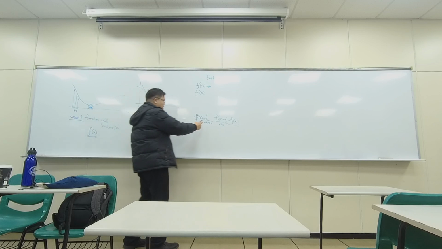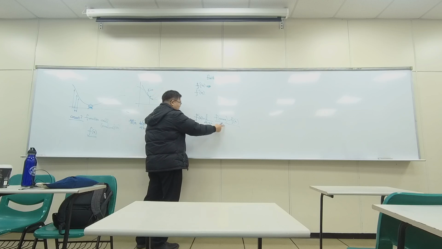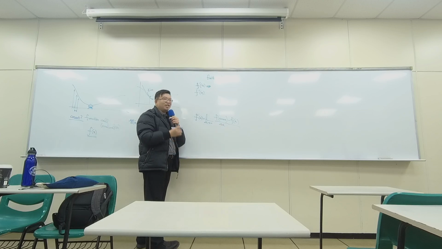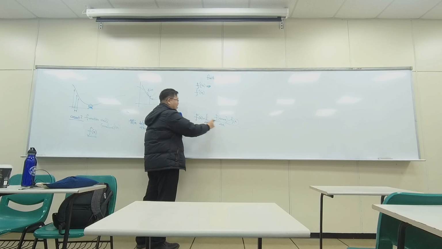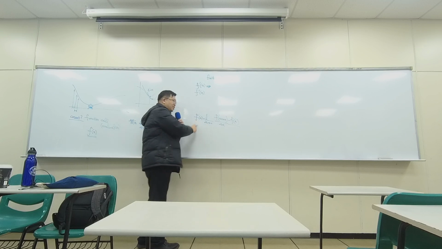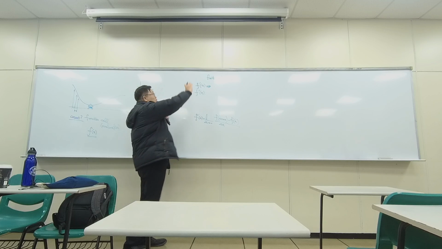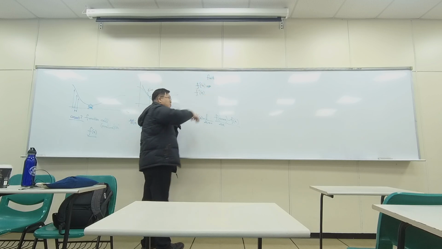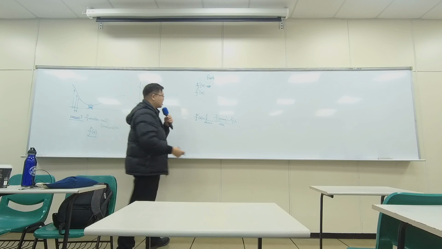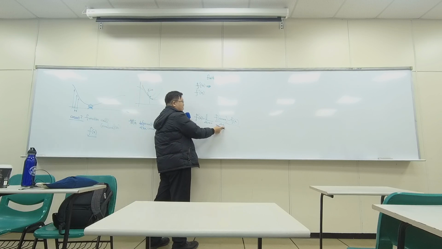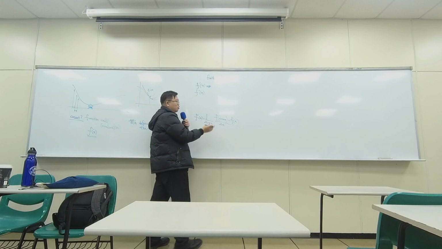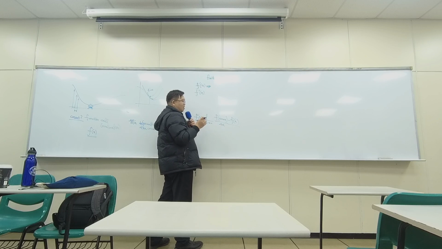But you need this increment to be infinitely small so that the value is exactly the same. So what finite difference did was, this is infinitely small, but I'm choosing a small number that you can observe.